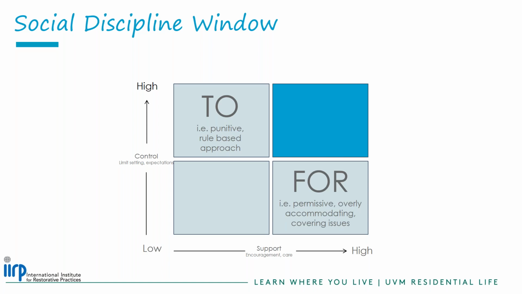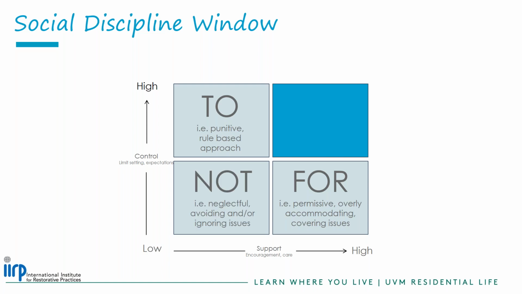This is the RA that says, okay, I know this is the fifth time I've had to remind you about quiet hours, so please remember that quiet hours start at 10 p.m. Or the RA that says, oh, I see that you're finishing a basketball game, and yeah, it is after quiet hours, but as long as you're quiet after the basketball game, we'll let this slide, right? That's really high support, where we're giving a high level of encouragement and care, but not a lot of expectations or boundaries set in place.